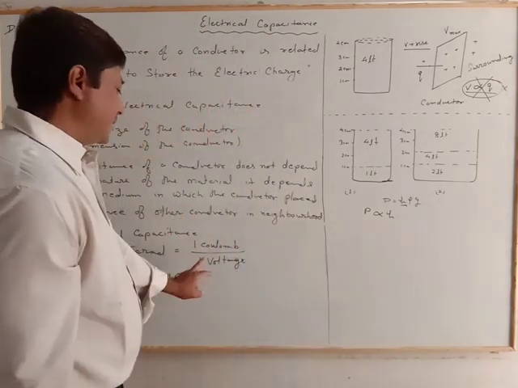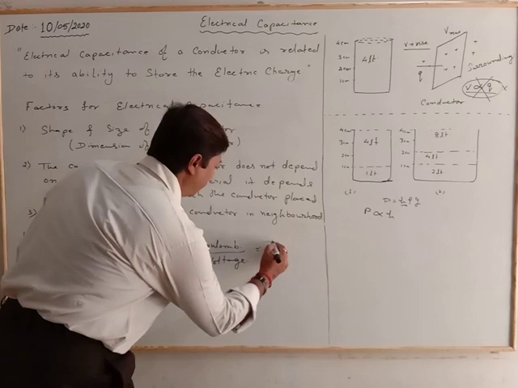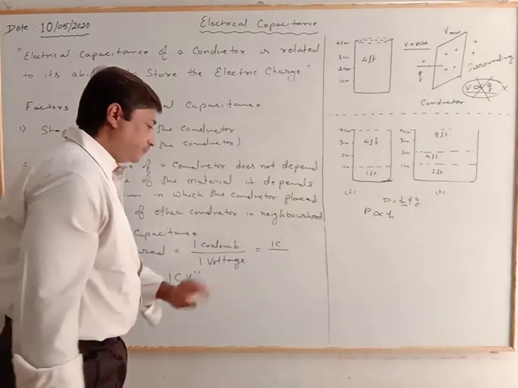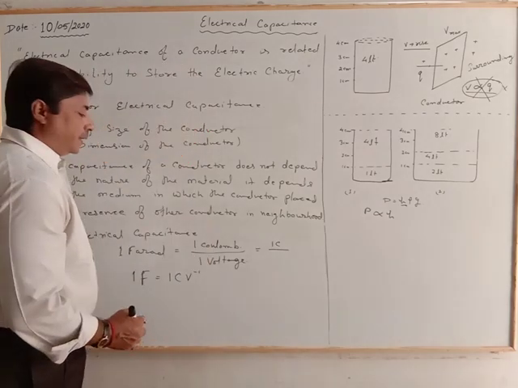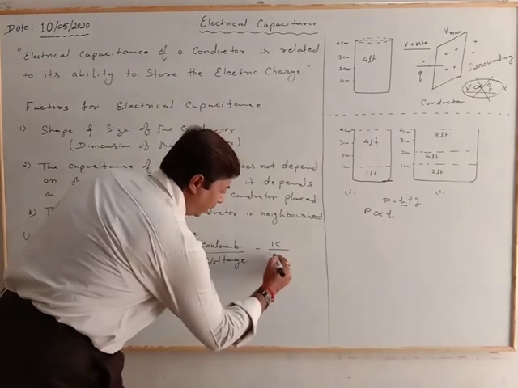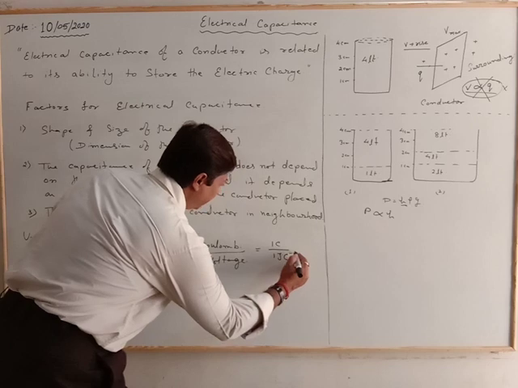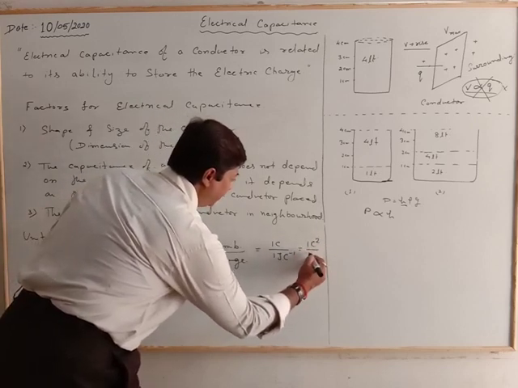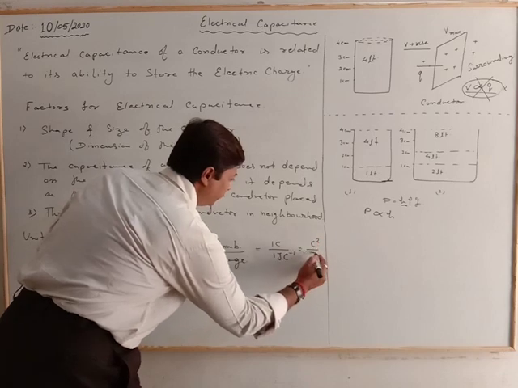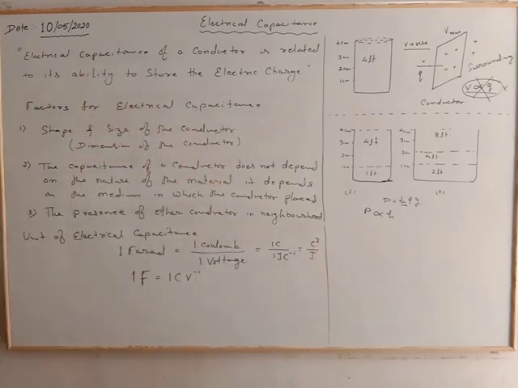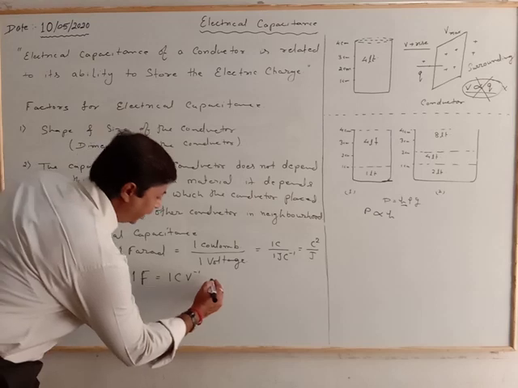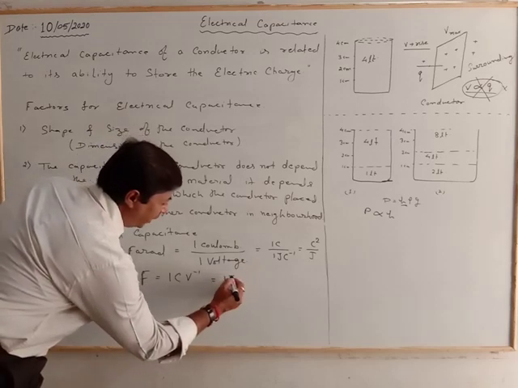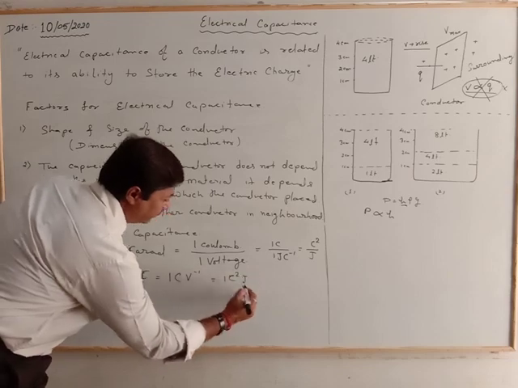It may also be written another way: 1 coulomb per volt, with volt being joule per coulomb, so 1 farad is also 1 coulomb square per joule.